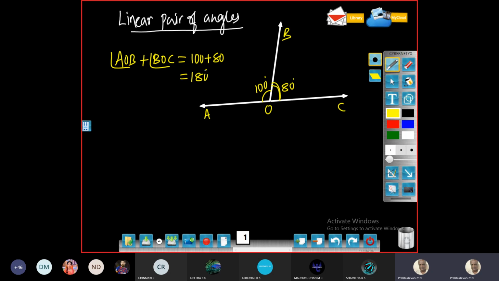And also, look at these two angles, they are adjacent angles. AOB and BOC are adjacent angles. See here we have a common arm, this is a common arm.